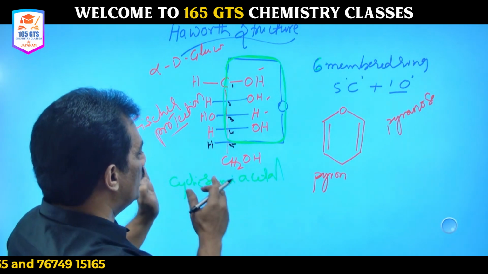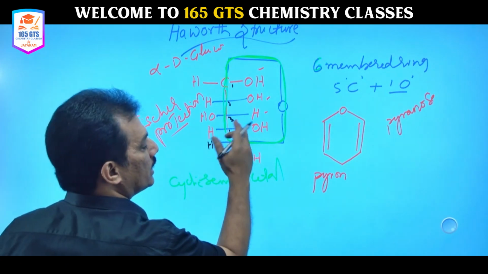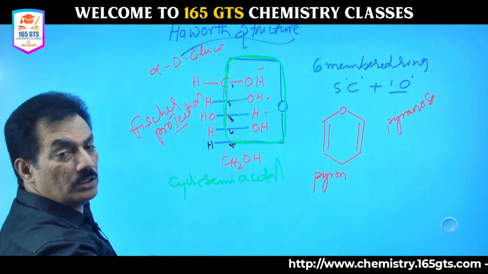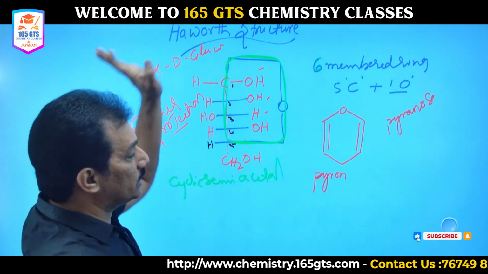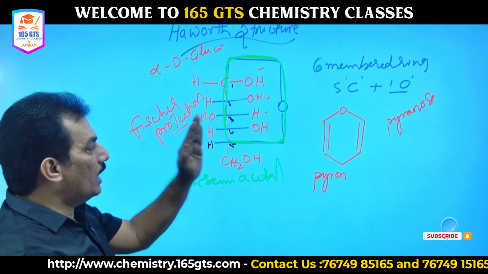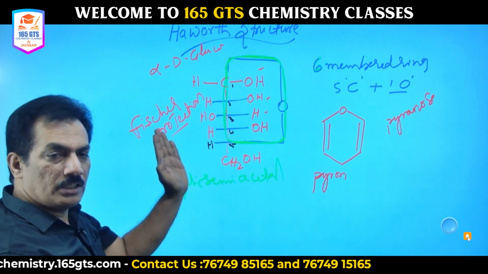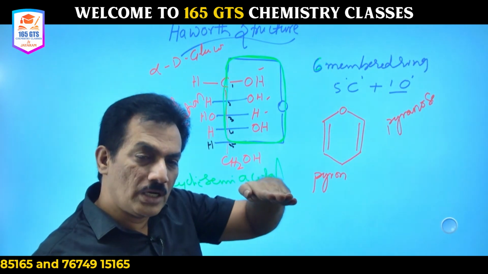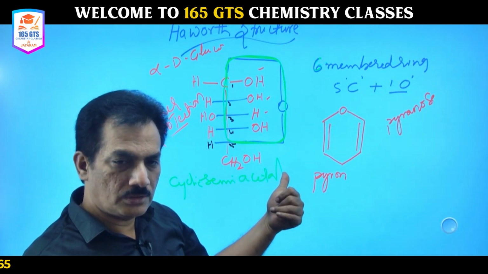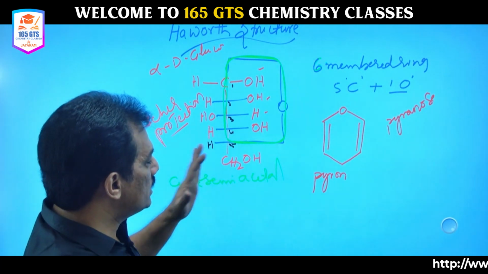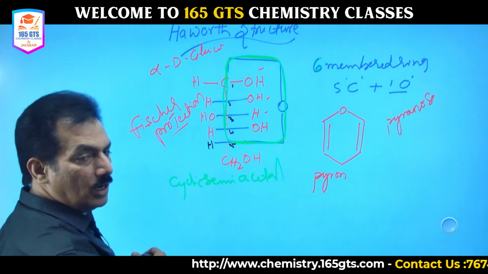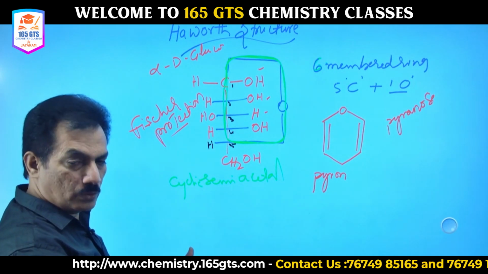Again I am repeating: in Haworth structures, the groups on carbons which are on the right side in the Fischer projection are represented below the ring, whereas the groups on the left side are represented above the plane of the ring. Clear? With this information, let us write the Haworth structures for alpha and beta forms of glucose.